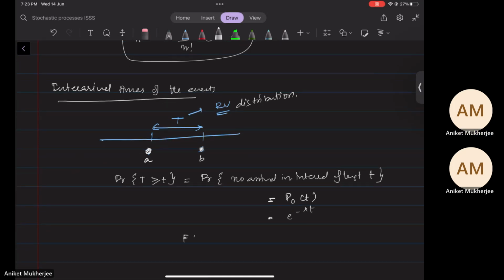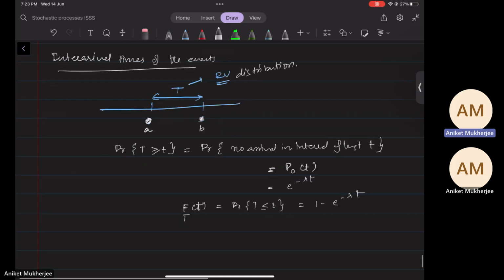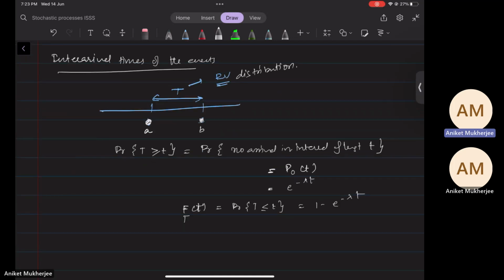So the distribution of capital T is the probability T less than or equal to t. This is 1 minus e to the power minus lambda t. This is the cumulative distribution of T. Now I differentiate it with respect to t, and I get lambda e to the power minus lambda t.